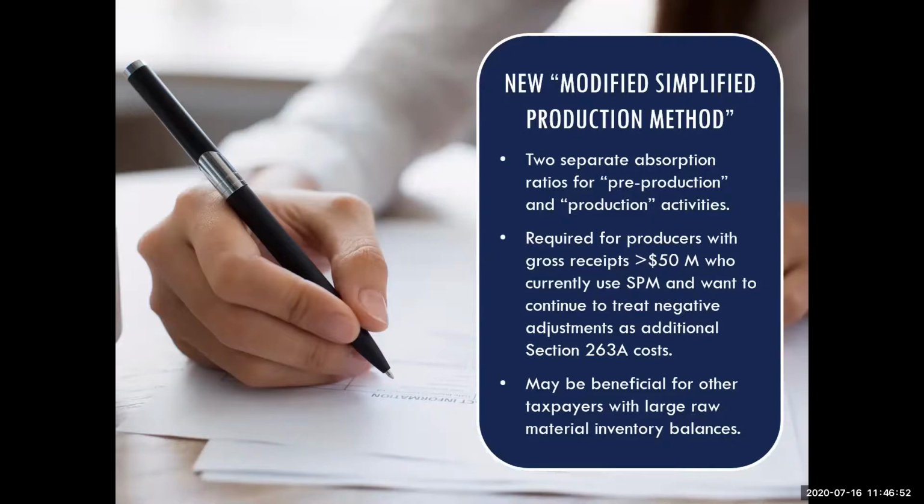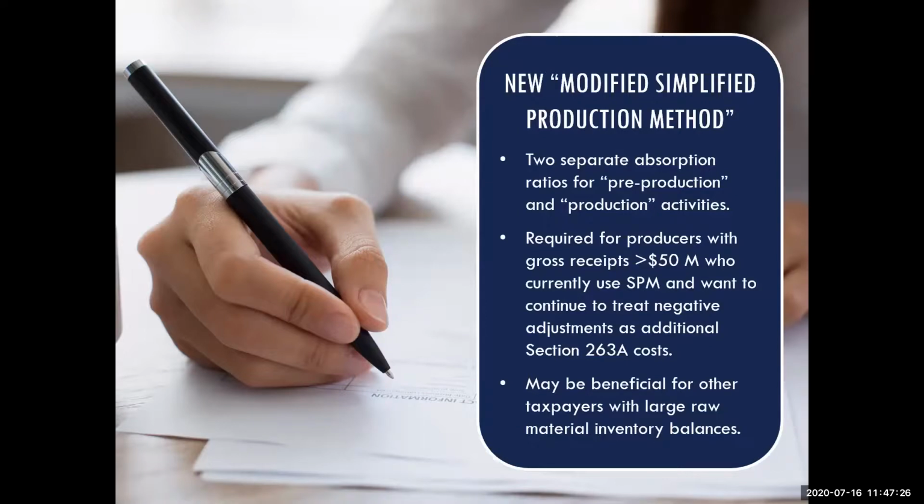Using this two-formula methodology can be beneficial to taxpayers that have a large portion of raw materials in ending inventory. Further, producers that have more than $50 million in gross receipts, if they're currently using the simplified production method and want to continue to treat negative adjustments as additional 263A costs, are now going to be required to use the modified simplified production methodology.